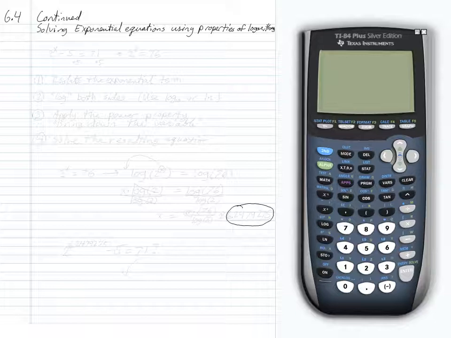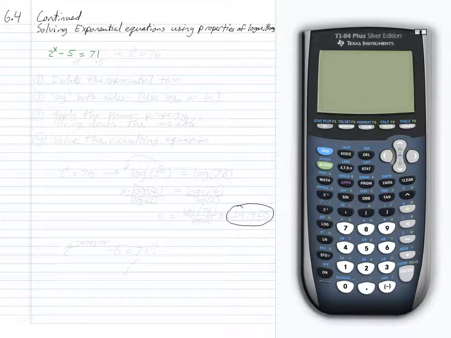We have so far been unable to solve most exponential equations. We can solve ones where we are able to express both sides of the equation using the same base, and we have solved those where the base of the exponential portion of the equation was either 10 or e. But what about an equation along the lines of 2 to the x minus 5 equals 71?